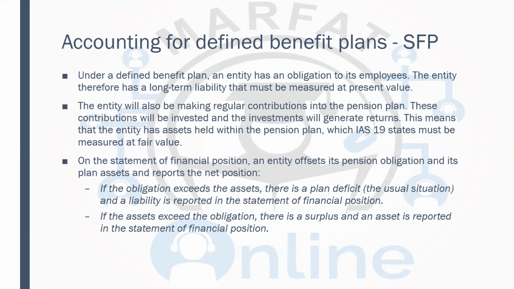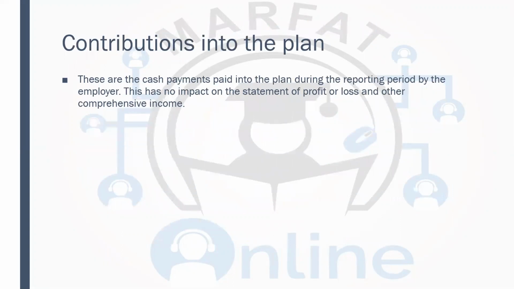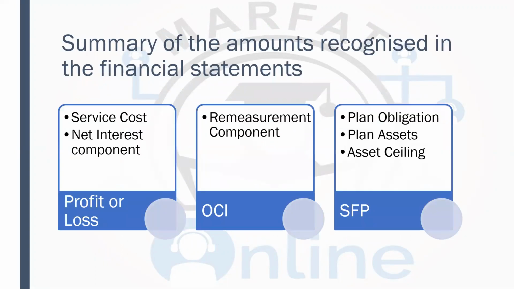Now, how are we going to account for the defined benefit pension plans? Let me just show you the summary. How we are going to record, how we are going to account for the defined benefit scheme. So remember, there will be three things: figures in the profit or loss, figures in the other comprehensive income, and figures in the statement of financial position. In the statement of profit or loss, there's going to be service cost.